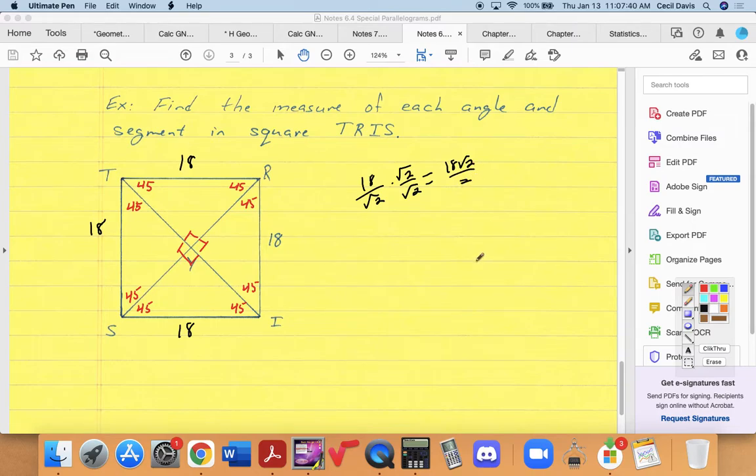We just divided 18 by 2. Yeah, divide that by 2 and then multiply by the square root of 2. So all of these pieces are 9 square roots of 2. Yeah, the squares don't take any time at all.